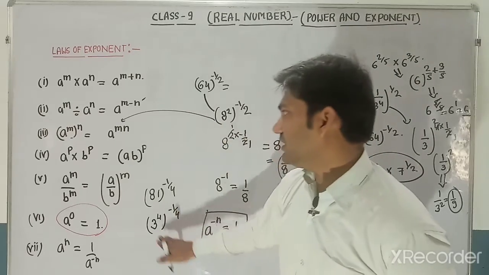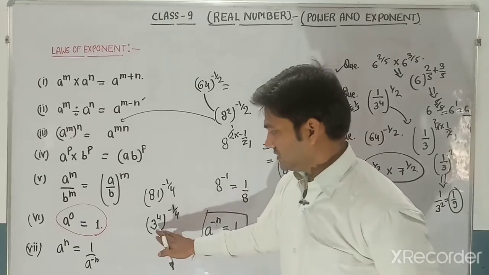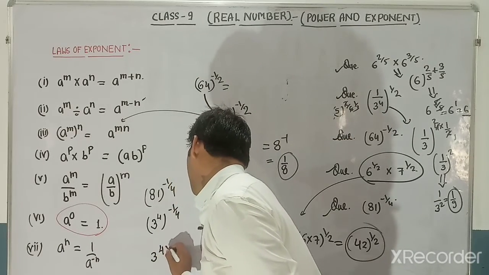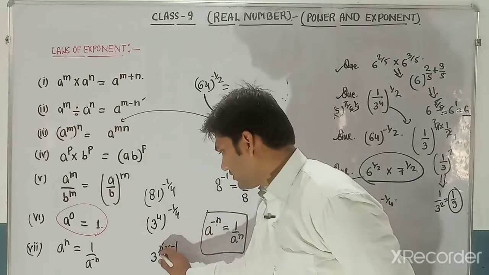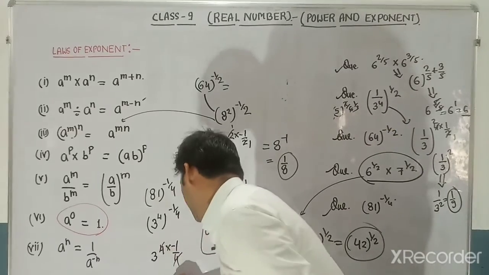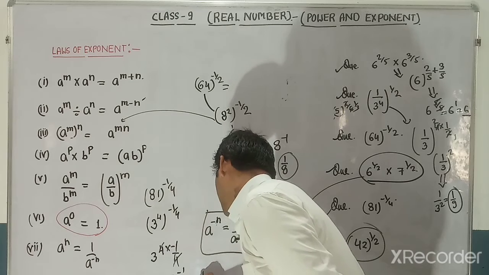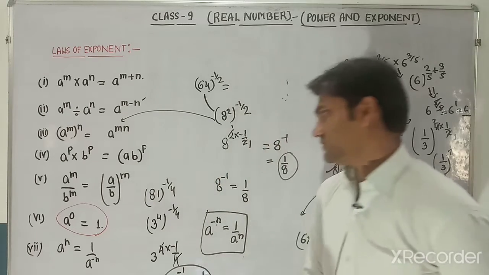Apply the third formula and we simplify directly: 3 to the power 4 into minus 1 upon 4. Then 4 ones are 4, and 4 cancels out. The answer will be 3 to the power minus 1. Then you can also write it as 1 upon 3.